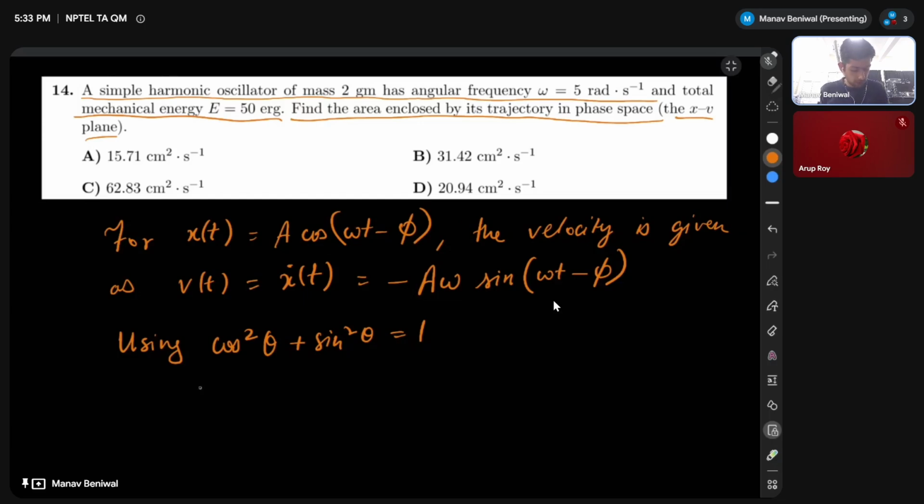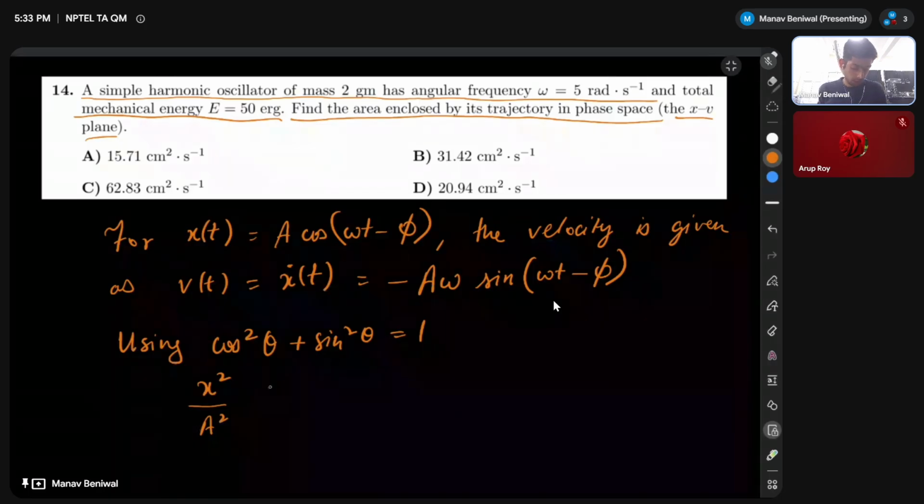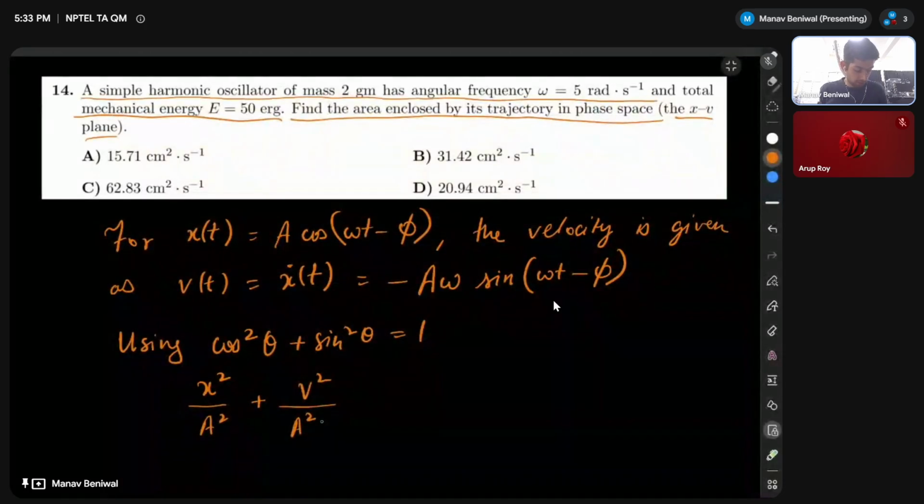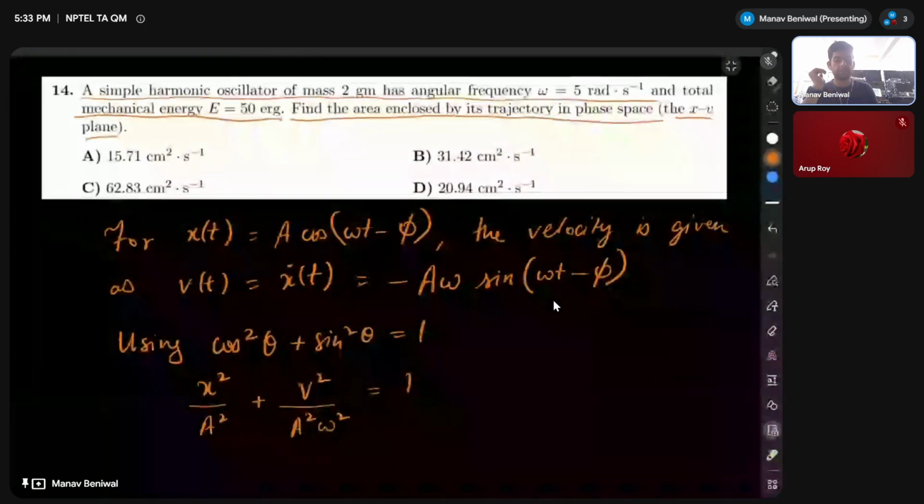So cos squared of this theta is x squared over a squared, and for the sine term we have v and a omega, so plus v squared over a squared omega squared, and this is 1.